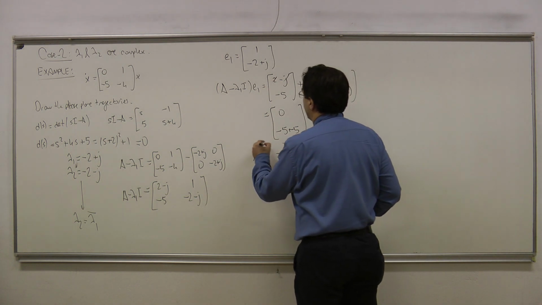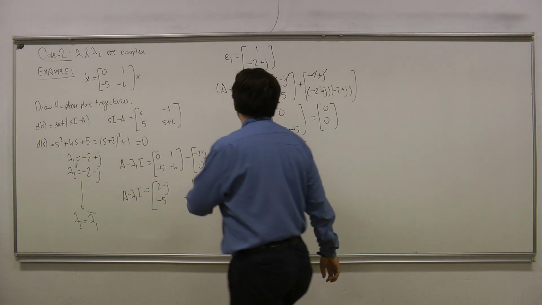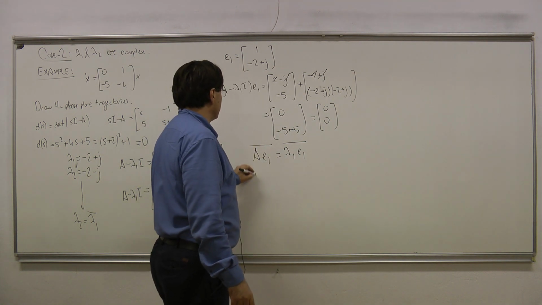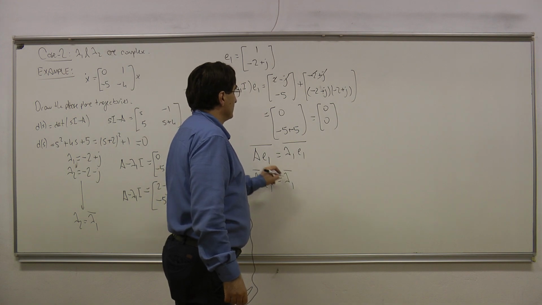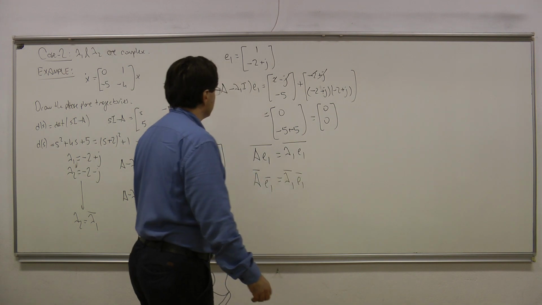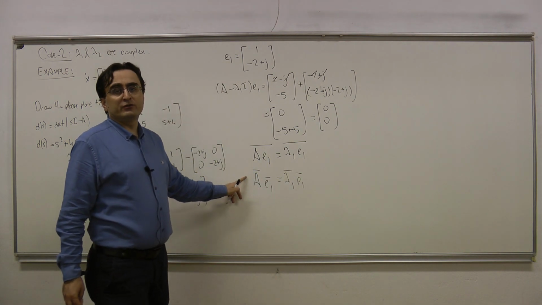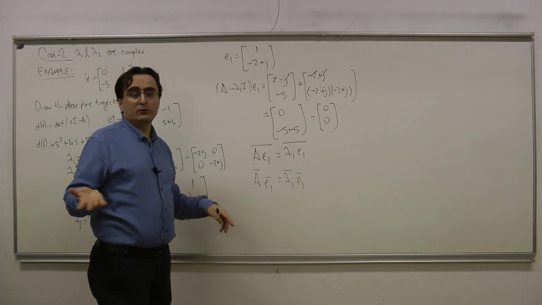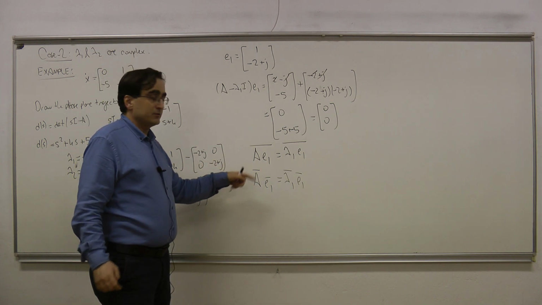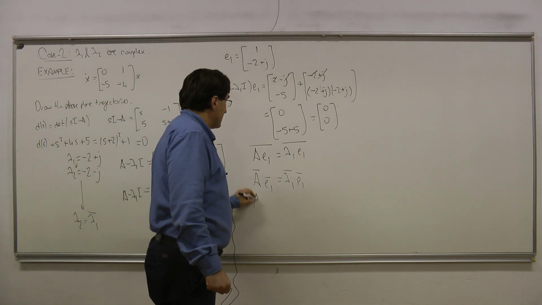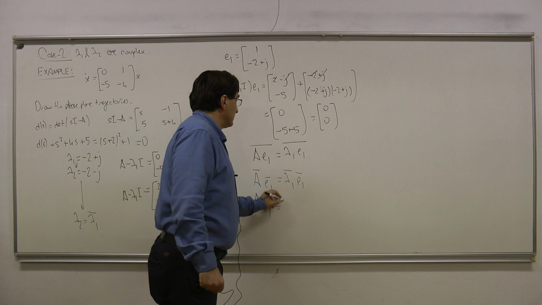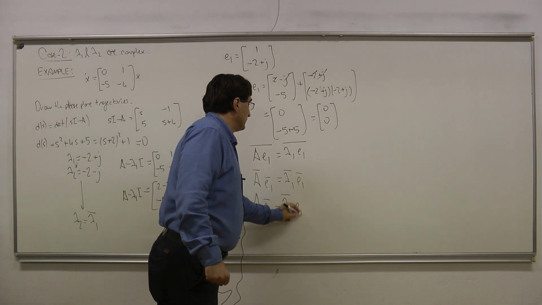So if I take the complex conjugate of both sides, let us try to distribute the complex conjugation over the elements of the multiplication, lambda 1 conjugate, E1 conjugate. I know that A matrix is only composed of real elements. That means that complex conjugate of A is going to be itself, okay? And that means that we get the equation here, E1 bar.